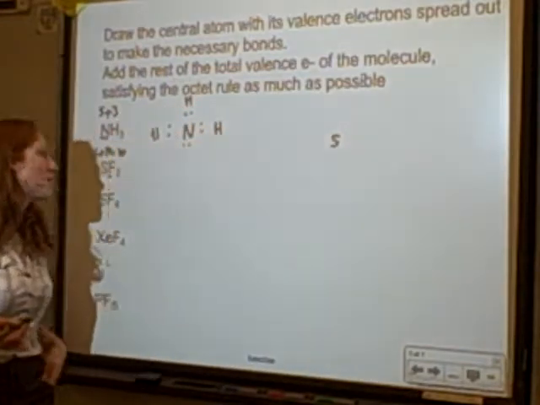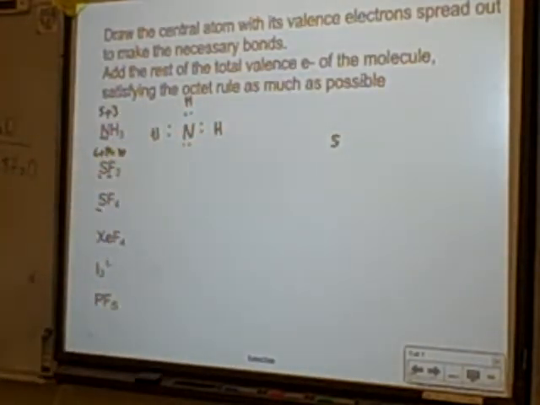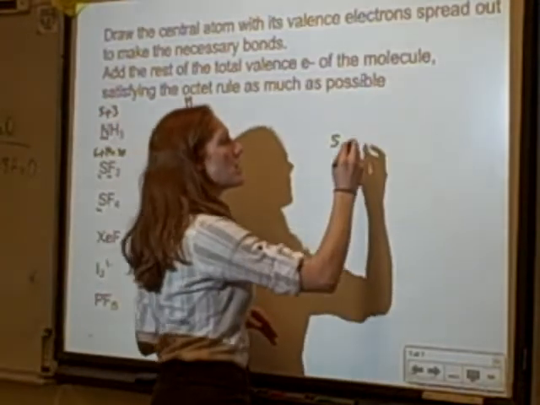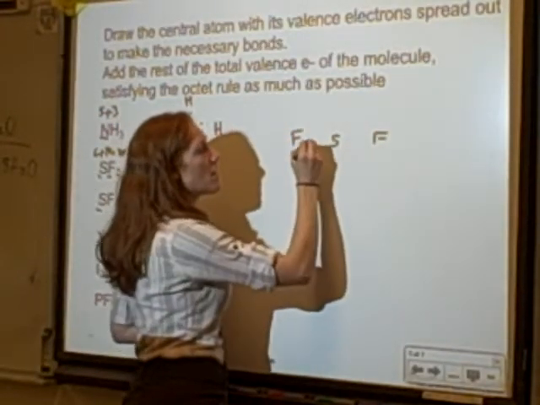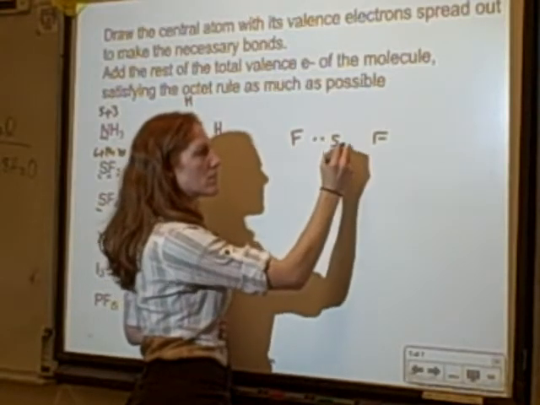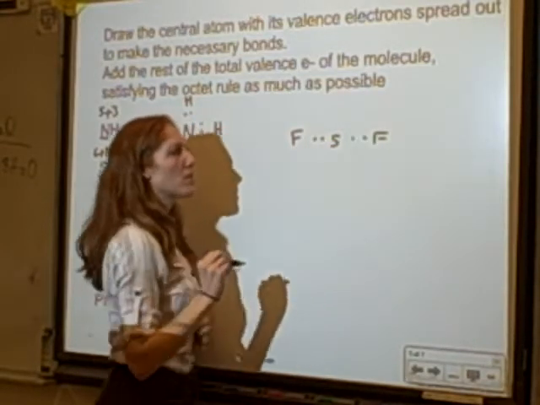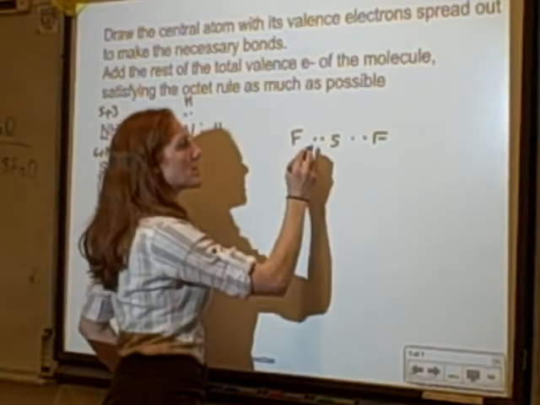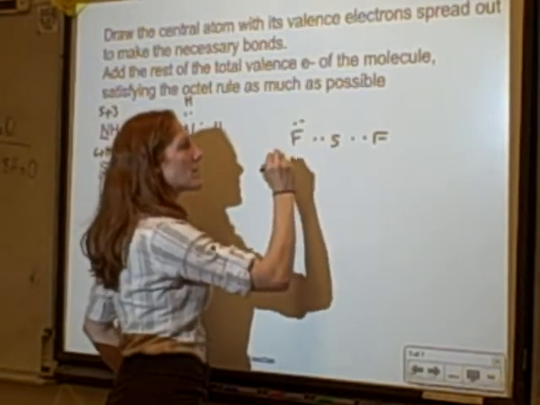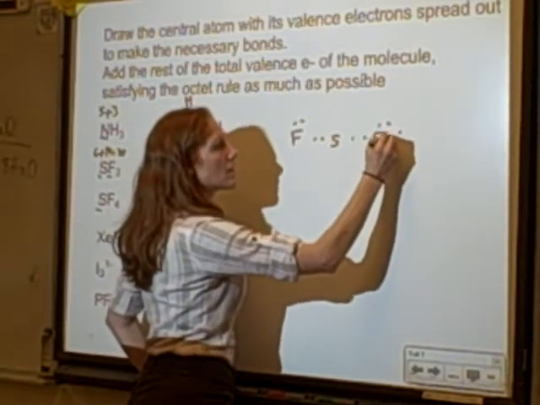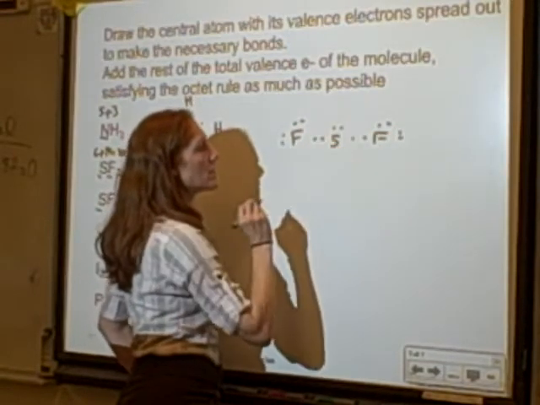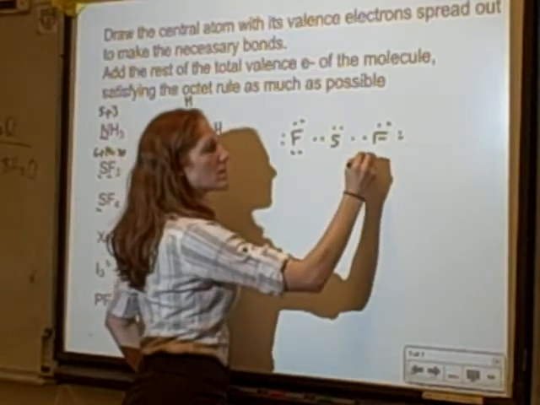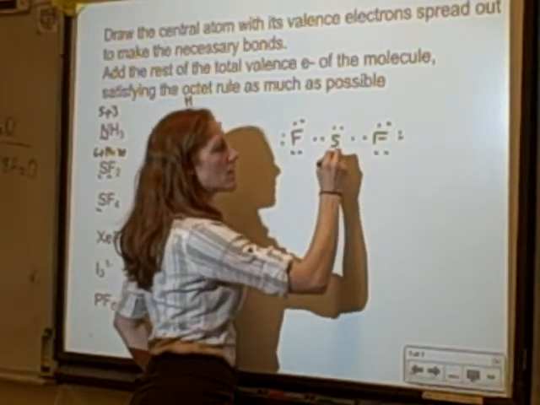I'm going to put the electrons on. I'll make sure I leave electrons available to bond with the fluorine. So I'll put a fluorine here, and let's start adding electrons. I know I'm going to put a couple for those bonds. And then I'm going to start satisfying things. So how about 2, 4, 6, 8, 10, 12, 14, 16, 18, 20.